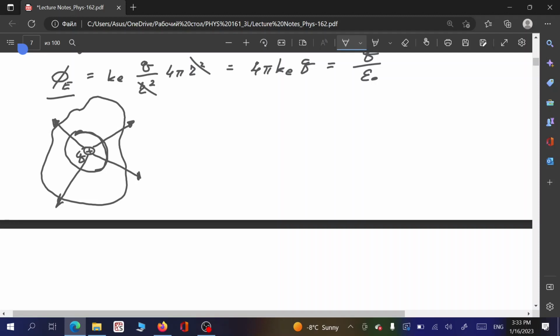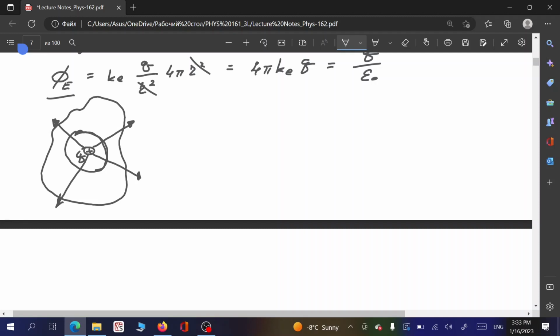What is the flux of electric field created by this positive charge through the spherical internal closed surface in terms of number of electric lines? So we can count them. There are 4 electric field lines going through, coming outside from the closed spherical surface.